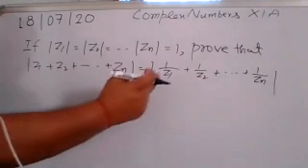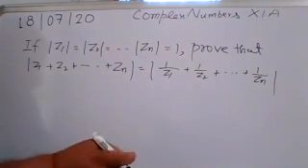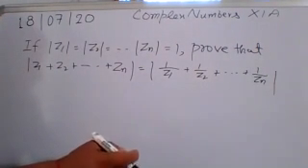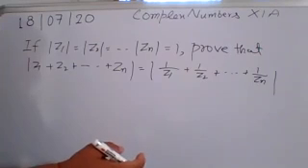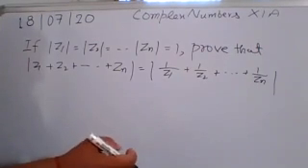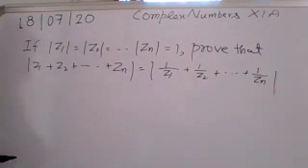On the right side your numerator is 1, and you also have the property that Z into Z bar is equal to mod of Z whole square. You know this property, so you try to implement it here.